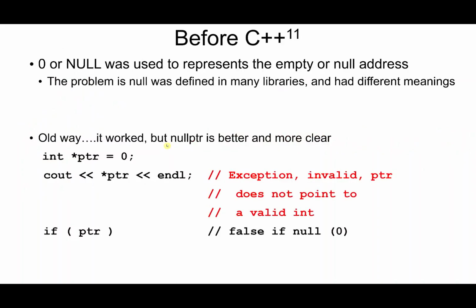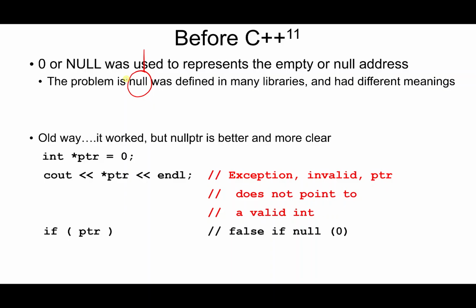Okay, so before C++11, like in C++98 and before, 0 or NULL was used to represent the empty or null address. The problem is that NULL, the word NULL, was defined in many libraries and had different meanings. So if you're using many libraries and it happens that NULL in one library means 0 and NULL in another library means something else, it's going to confuse the compiler.